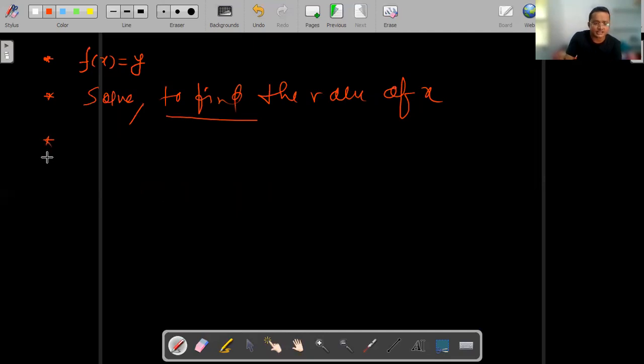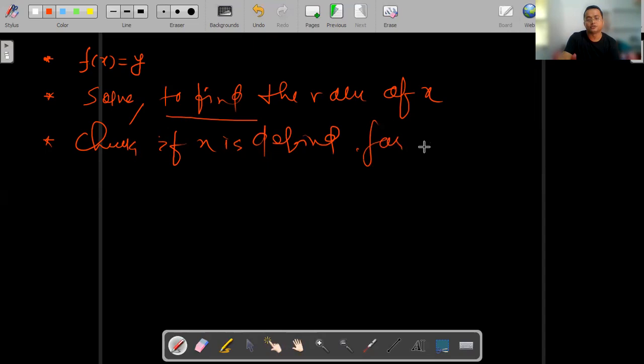And the third point is that having found the value of x, you have to check that x is defined for all values of y or not. So the third point is what? Check if x is defined for all values or not.